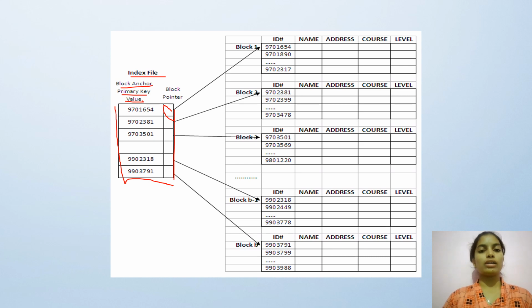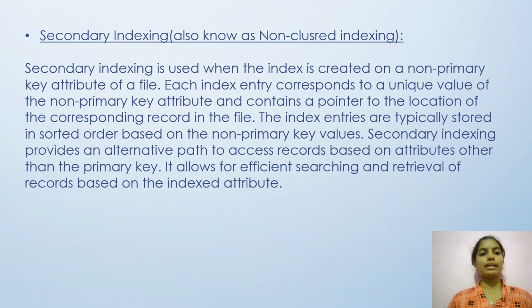The first record is set as block pointer 1, then the second record as block pointer 2, and so on, up to the last record with the last block. The blocks are represented with fields which consist of names, address, courses and values.